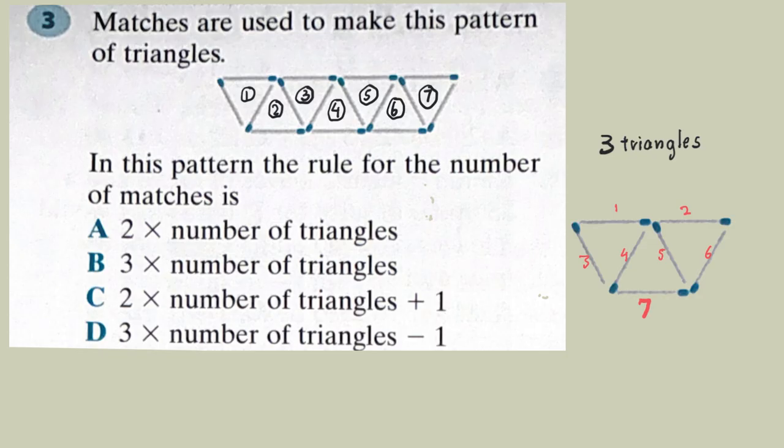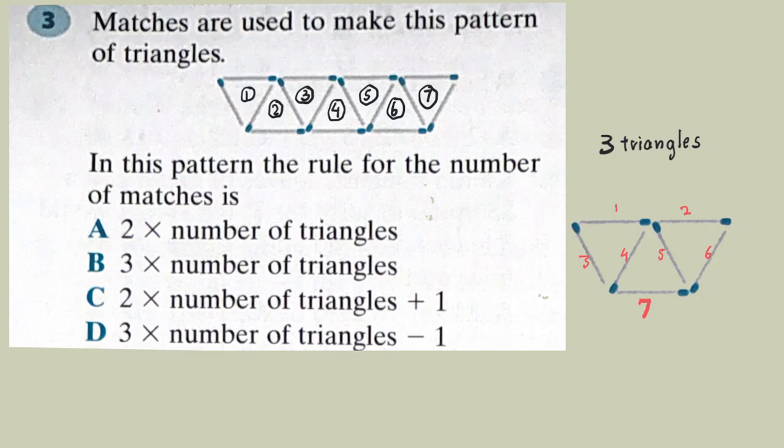If we start with the very first one and say 2 times the number of triangles, we've chosen 3 triangles, so 2 times 3 is 6. That does not give us 7 matches. Let's go to B. 3 times 3 triangles is 9. That's too many. Let's go to C. 2 times 3 triangles, that'll be 6. If we add 1, we get 7, the required number.